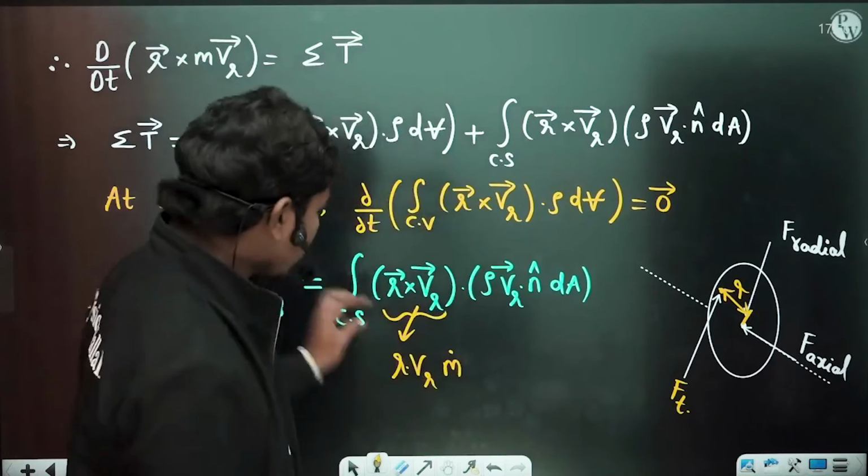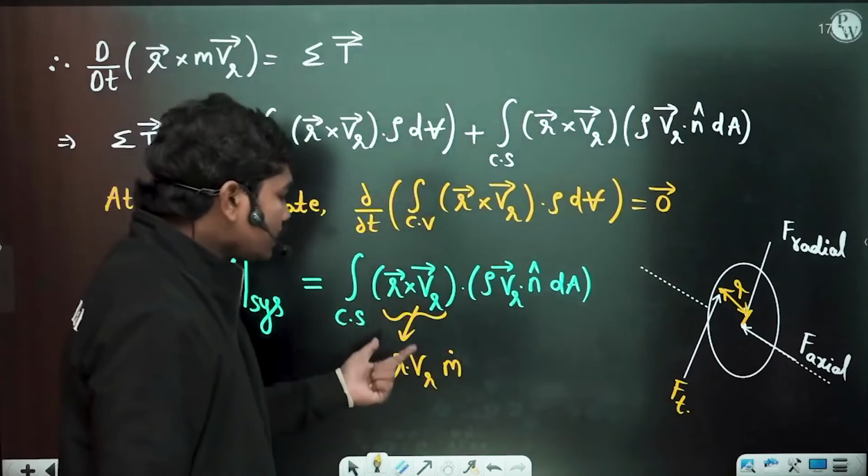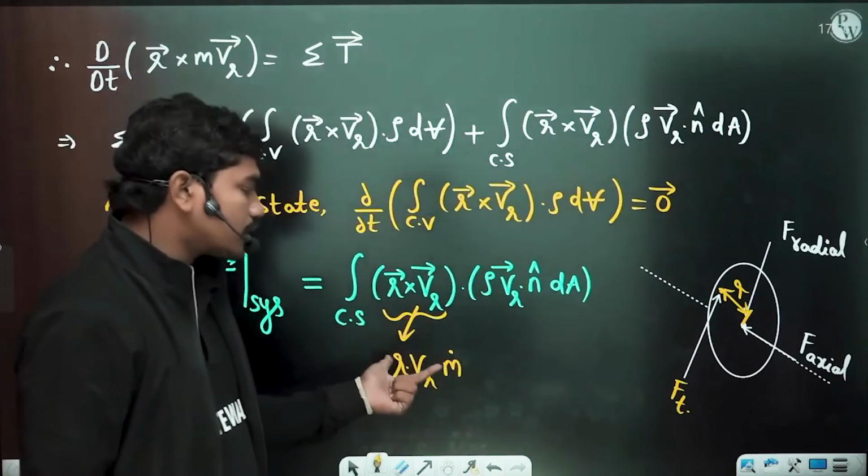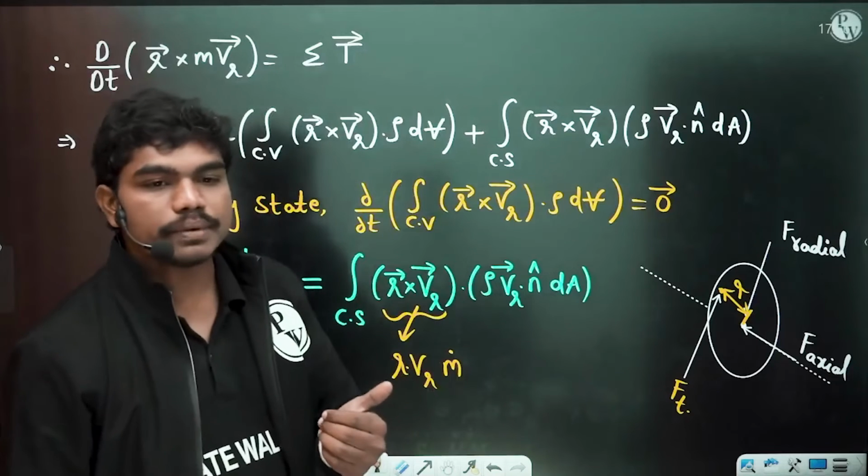So the net torque acting on the fluid is equal to the net rate of angular momentum change of the fluid, or the net angular momentum which is leaving out.